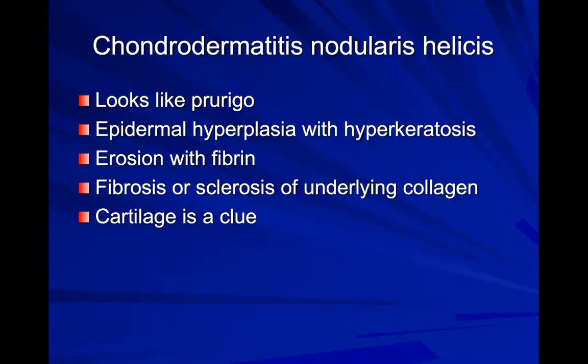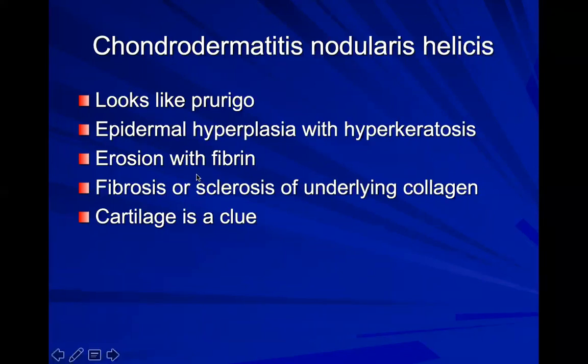Chondrodermatitis nodularis helicis is in this chapter because you have the erosion with the fibrin, right? The fibrin tells a story that there's been tissue damage. Sometimes I'll get excisions and someone will have curetted, say, a basal cell right before the excision, and I will know that the ulcer I see is from a curetting and not from a true ulcer because there wasn't enough time to build fibrin there, okay?